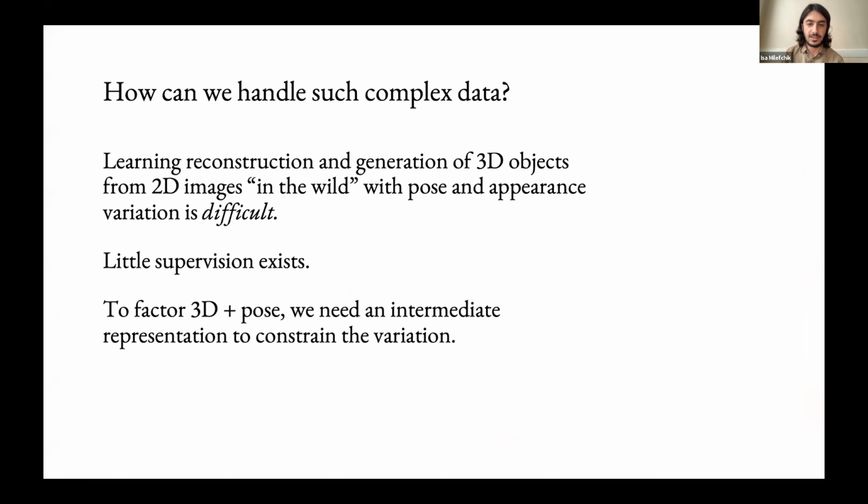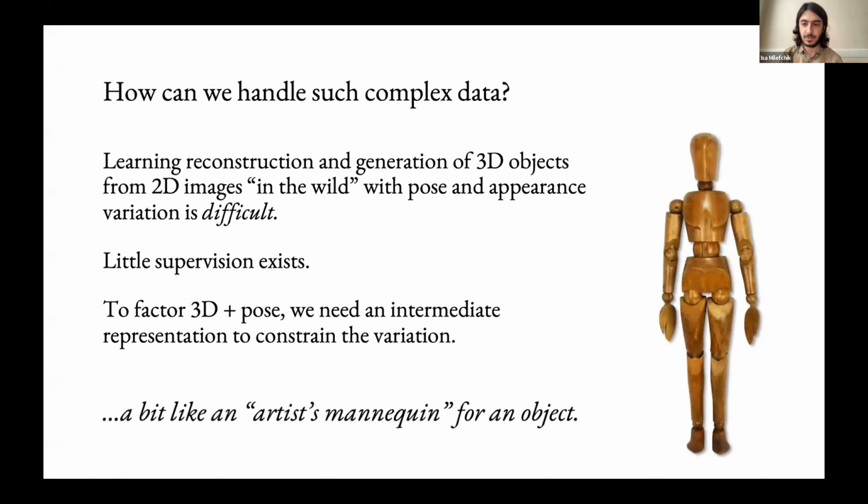So we need some sort of intermediate representation to deal with these complex 3D structures and to constrain our generative network. And we can think of this as an artist mannequin of sorts. We have certain object parts that we can manipulate, and we have this unified 3D framework for our generator to be controlled by.